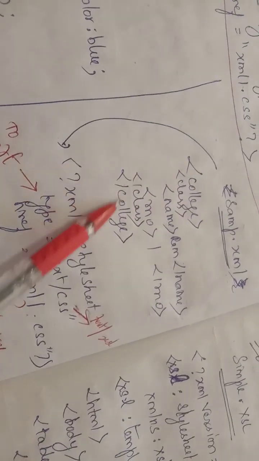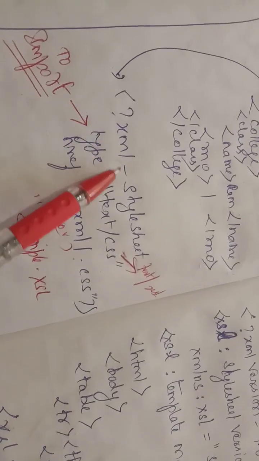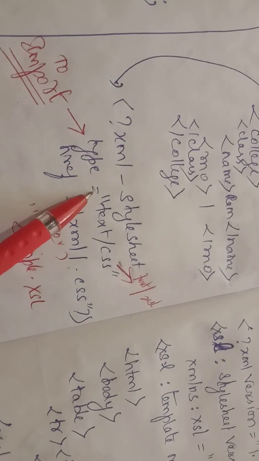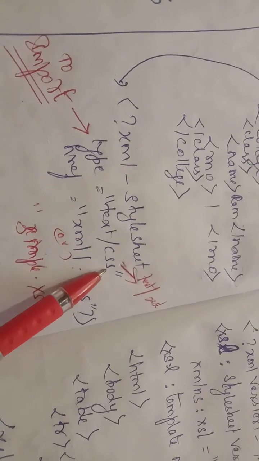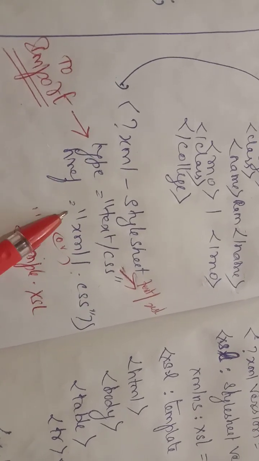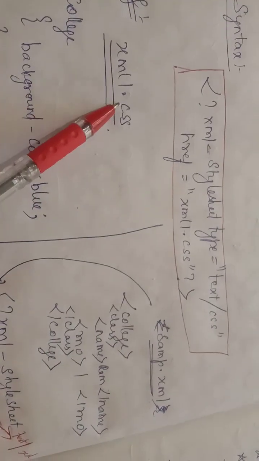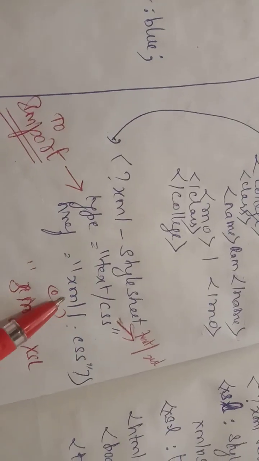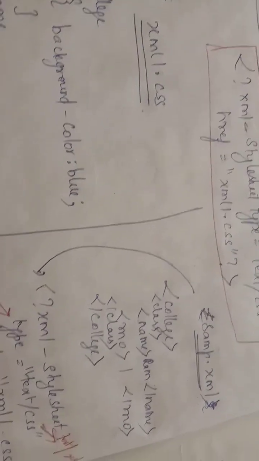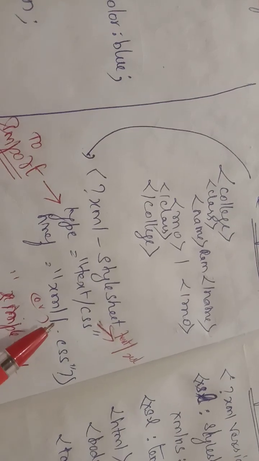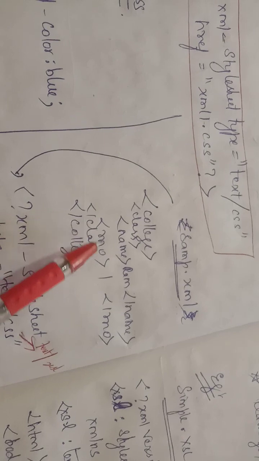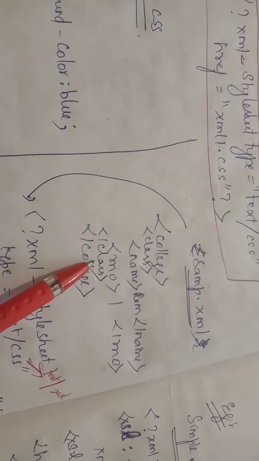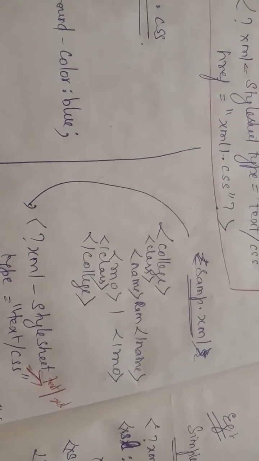Then you should write this coding: angle bracket, question mark, xml-stylesheet, then type is equal to, within double quotes, text/css, and href is equal to the style sheet file you had prepared separately, xml1.css. So this should be the first line. Then you have to write all these things. Now you can execute this. So this is nothing but the XML style sheet.